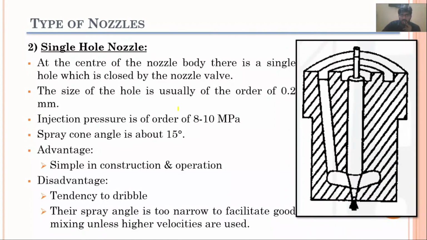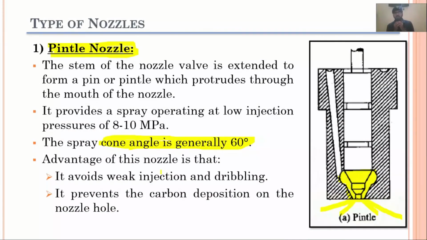And in these single hole nozzles, you can see that we have lesser cone angles, and so a lesser amount of surface area would be covered by these nozzles when they are spraying the fuel. So this is the main difference between these pintle nozzles and single hole nozzles.